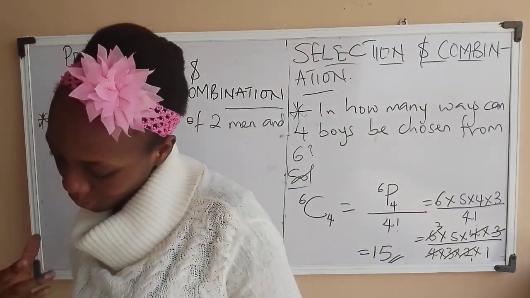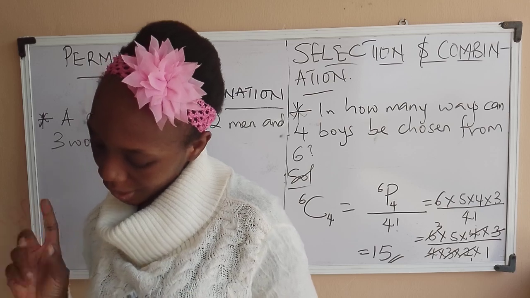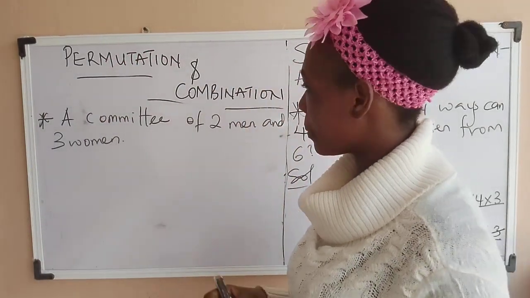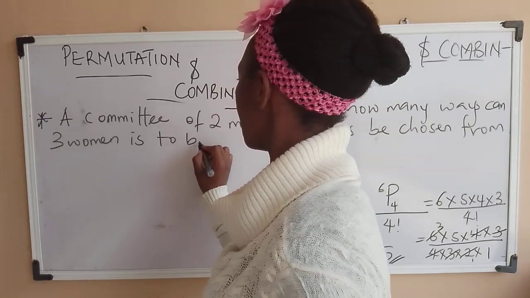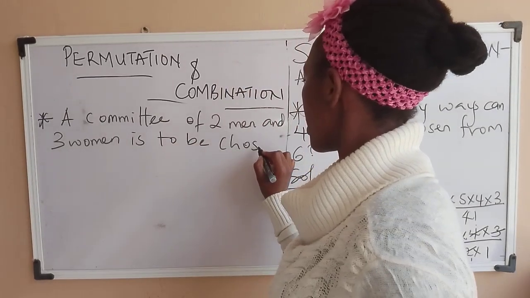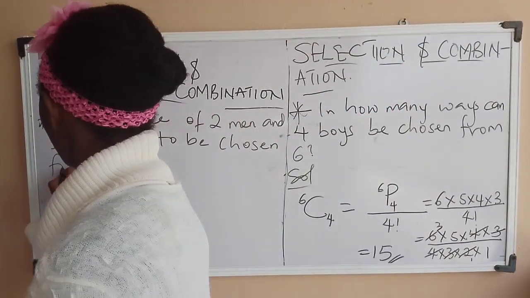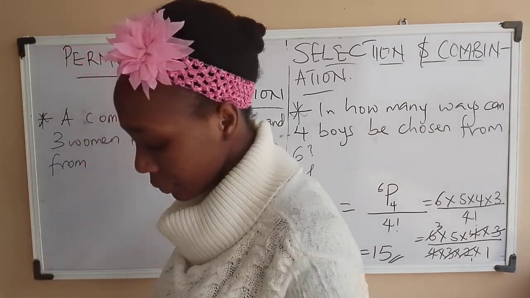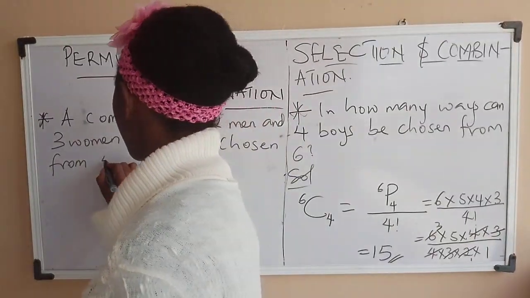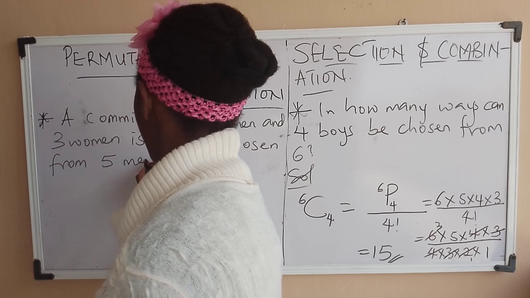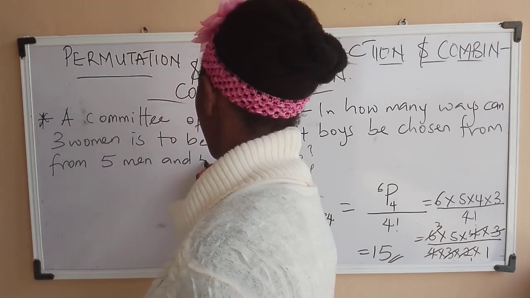A committee of 2 men and 3 women is to be chosen from 5 men and 4 women.